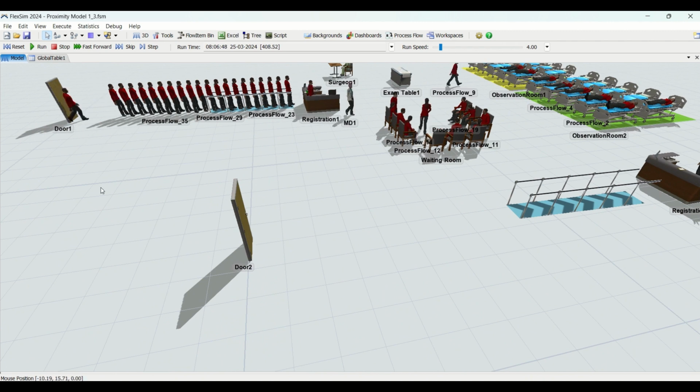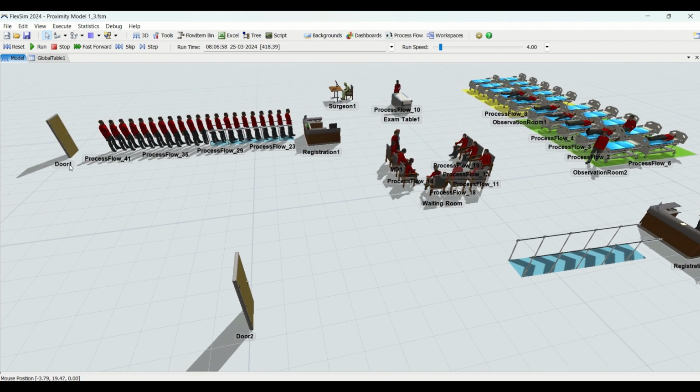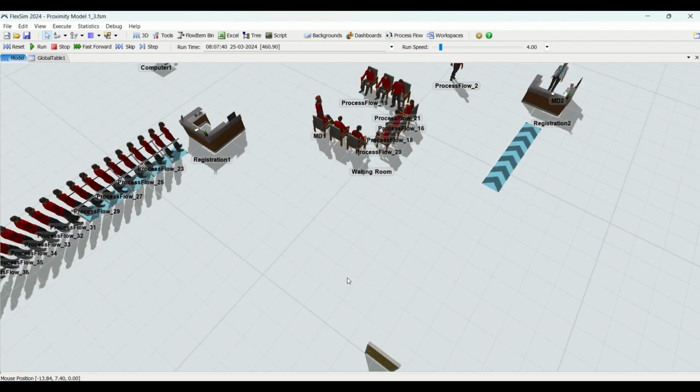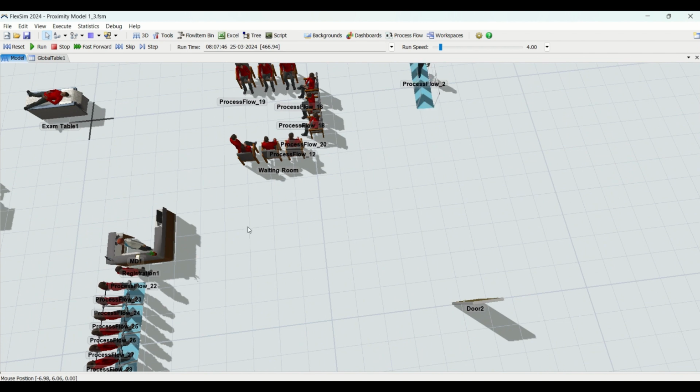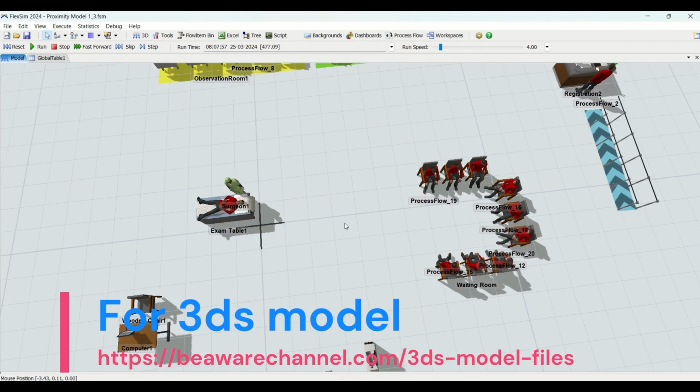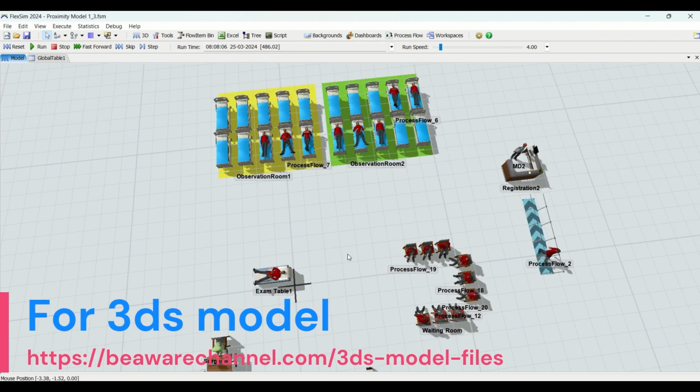If you look, people are entering from this door, and they exit from this door after paying their bills. So this is basically an overview of the 3D simulation model created for healthcare.